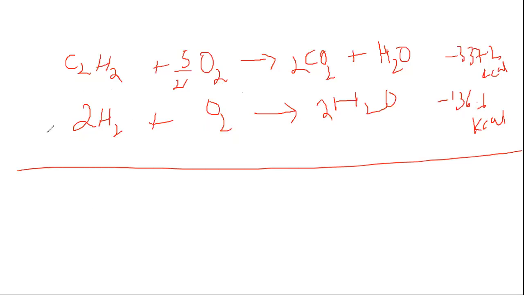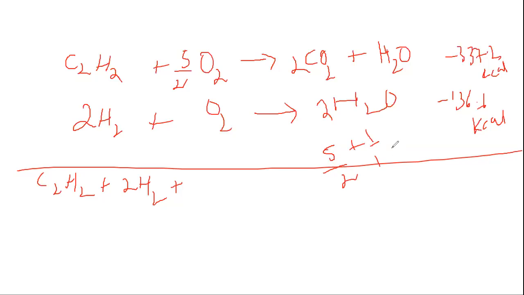By adding these two equations, you will get C2H2 plus 2H2 plus oxygen. When you add these two oxygen values, it will be equal to 5 by 2 plus 1 by 1.